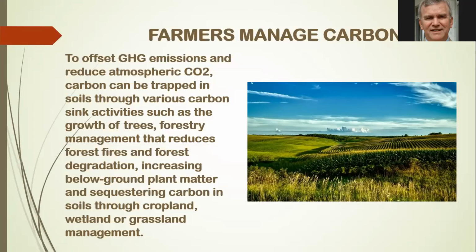Okay, so here's the text. To offset greenhouse gas emissions and reduce atmospheric CO2, carbon can be trapped in soils through various carbon sink activities, such as the growth of trees, forestry management that reduces forest fires, forest degradation, increasing below ground plant matter, and sequestering carbon in soils through cropland, wetland, or grassland management.